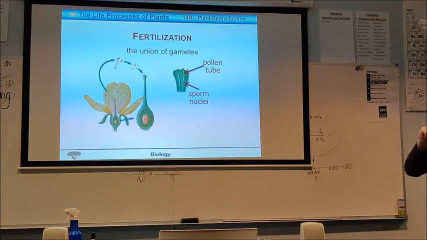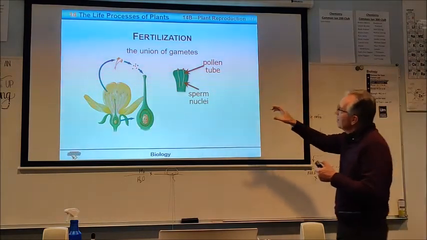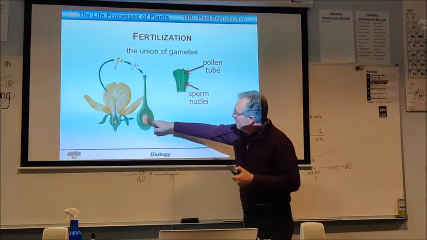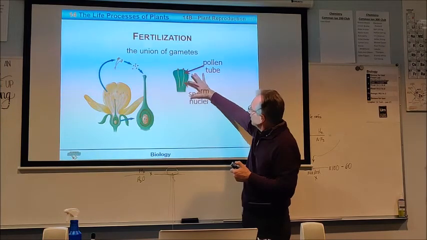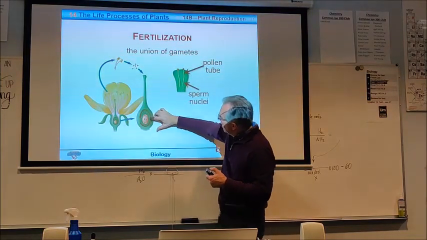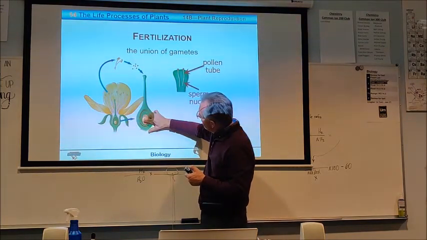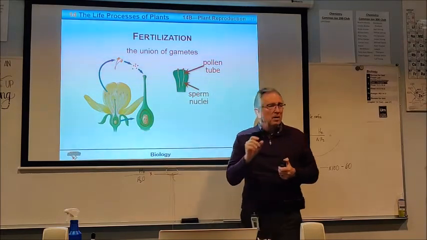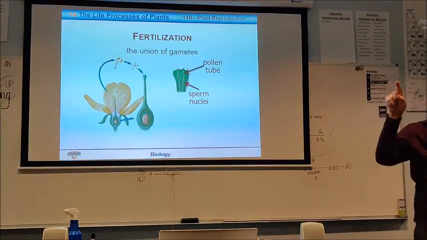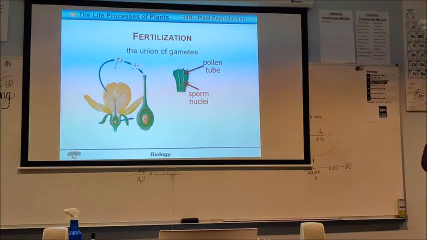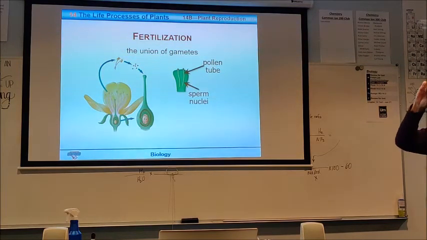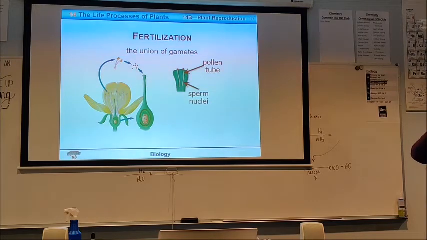So that's the sperm part. And to get to the ovules, this needs to grow down and inside here to one of those ovules. So it takes a little bit of time for that to grow there. But it's creating a path, like a road, for the sperm nuclei to get all the way to the egg so it can fertilize it.